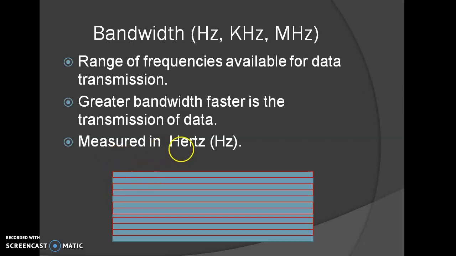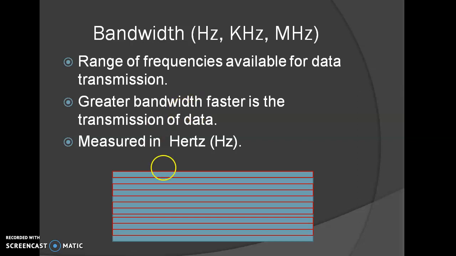Now the amount that is allotted to you out of the already existing channel, how much is given to you to transmit your data, will be referred to as bandwidth. So bandwidth can also be referred to as the range of frequency available for data transmission. If you recall, in the case of radio waves, a separate frequency is allotted for transmitting the data.